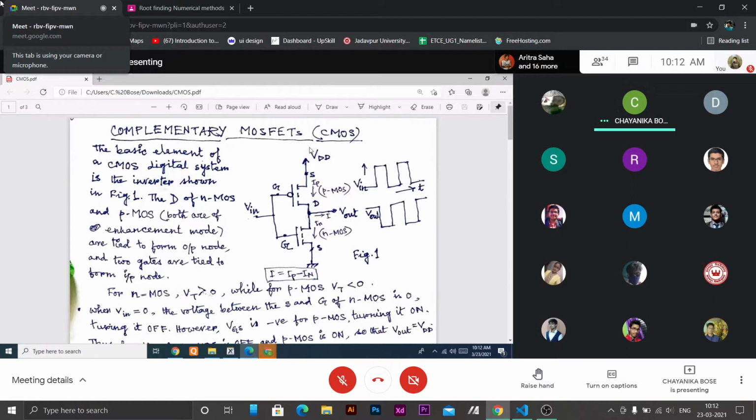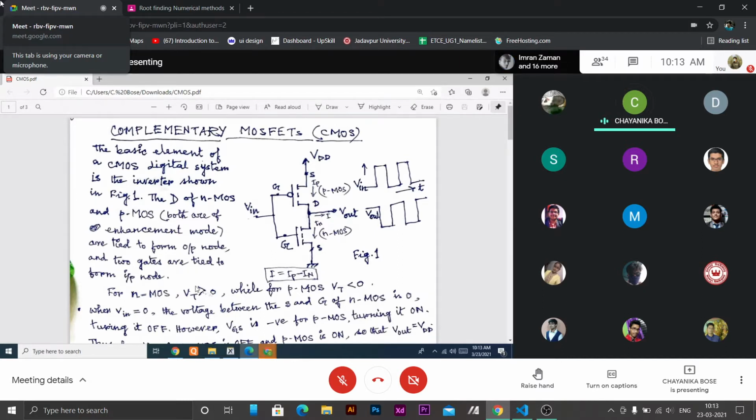Okay, so for NMOS we know that the source remains ground, then the NMOS gate must have some positive potential. Its VT is positive threshold voltage because a positive voltage applied at the gate will induce a negative channel on the other side.